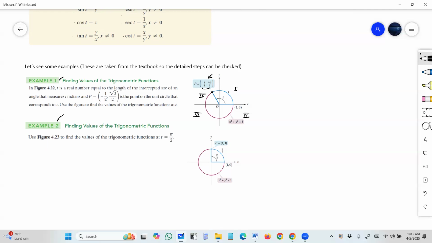We may be asked the question, find the value of all six trigonometric functions based on this information. All right, so we can do that. Immediately we know that the length of y and the length of x give the sine and cosine. So sine t is the length of the y coordinate.